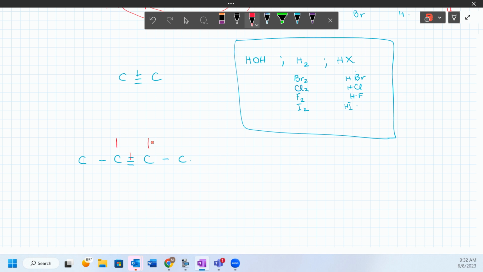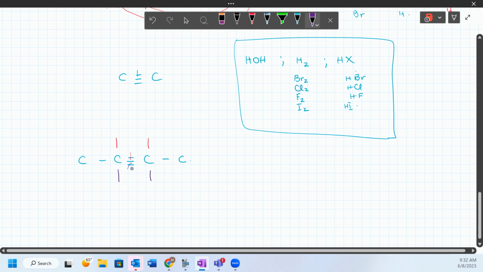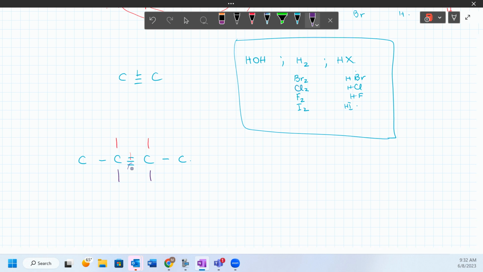Okay, but if another bond is broken, then you will have two more spots. Now if what you are reacting with is limited, then at the end of the reaction, we'll have a double bonded carbon chain. If it is excess, then we will have a single bonded carbon chain. And again, we have to look for isomers.